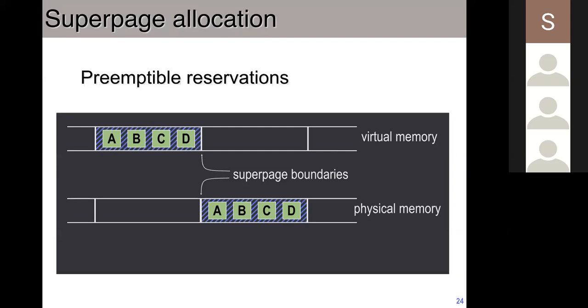Does that make sense? So cancel doesn't mean that B's content goes away. It just means that B remains as a base page. It was never a super page till it got promoted.